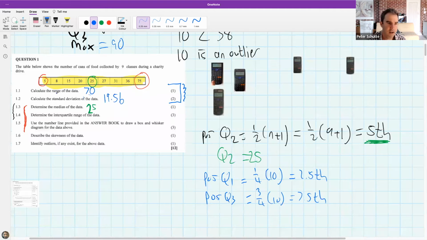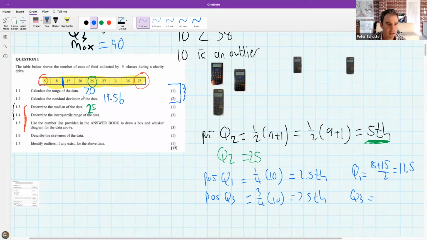So for Q1, I'm halfway between the 2nd and 3rd. So Q1 is going to be 8 plus 15 divided by 2, which is 11.5.